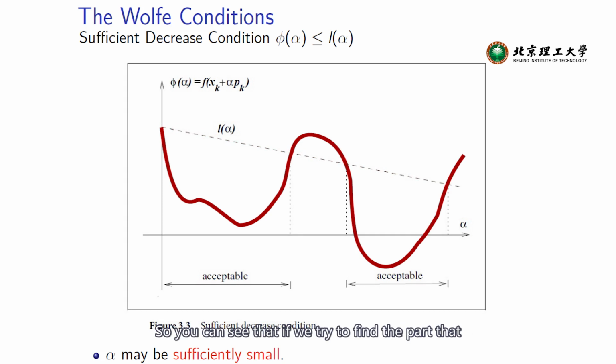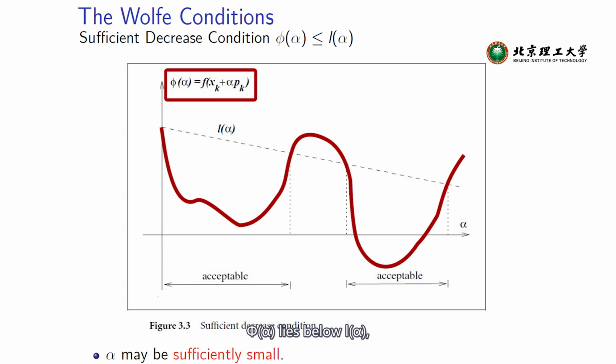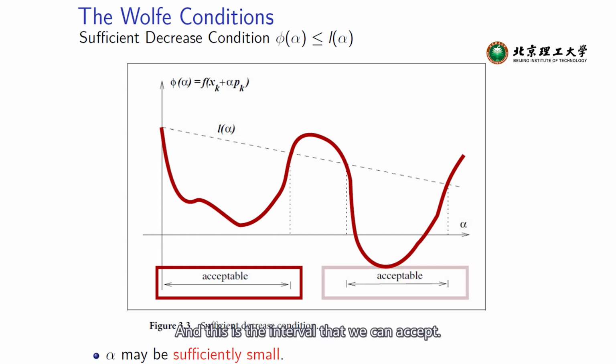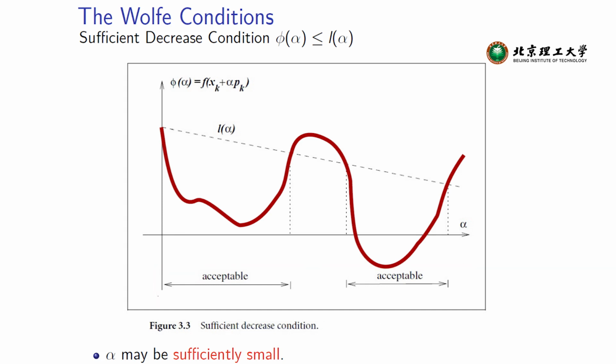If we look for the parts where phi(alpha) lies below L(alpha), this is an interval we can accept, and this is another interval we can accept. The two intervals return the acceptable step lengths. So there are quite a number of step lengths that can satisfy the first condition.